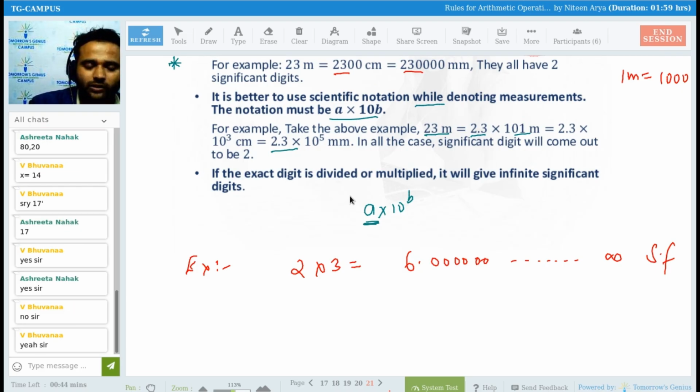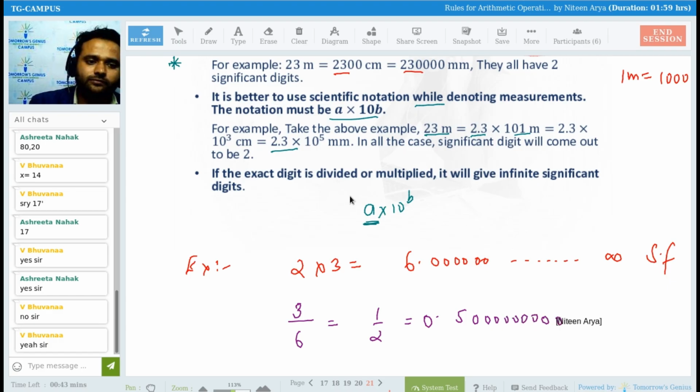Exact digit means, okay. See, we can write 3 divided by 3, or you can say 6 divided by 1.2, that is 0.5, right?